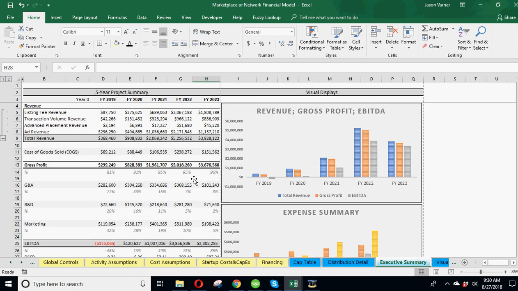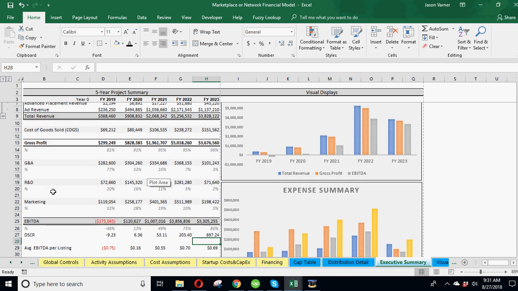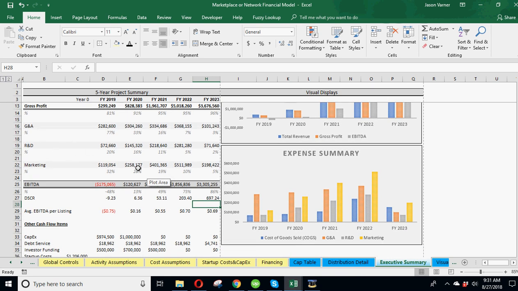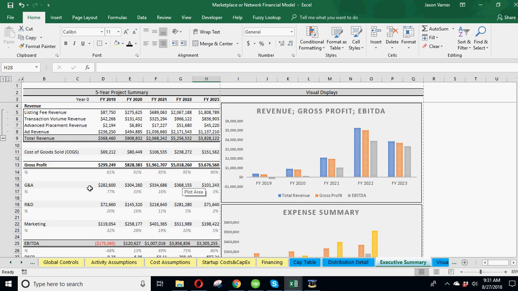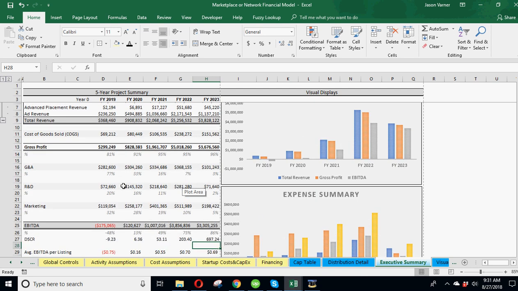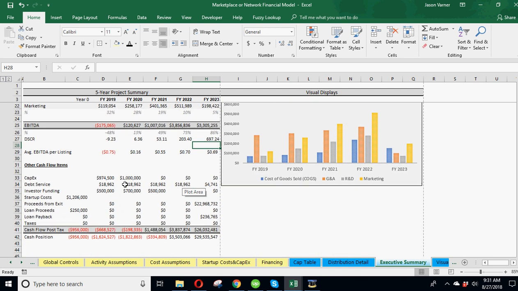If we go on to the executive summary, this is your high level view of what the actual project is going to do. You've got your different revenue types here: total revenue, cost of goods sold, gross profit, G&A, R&D, marketing, EBITDA, all your standard line items in one spot per year.